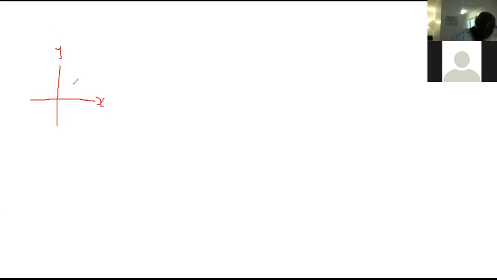Therefore, in regression, y is the vertical. Anything from here up is plus, plus, plus. Anything here is minus, down. This is 0. This is the positive side of y, up. This is the negative side. The right side is the positive side of x. The left side is the negative side.